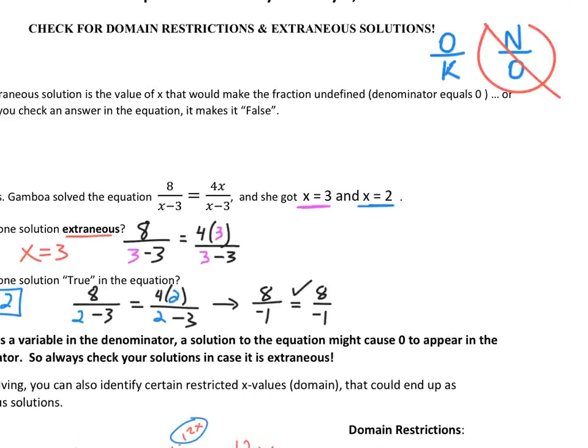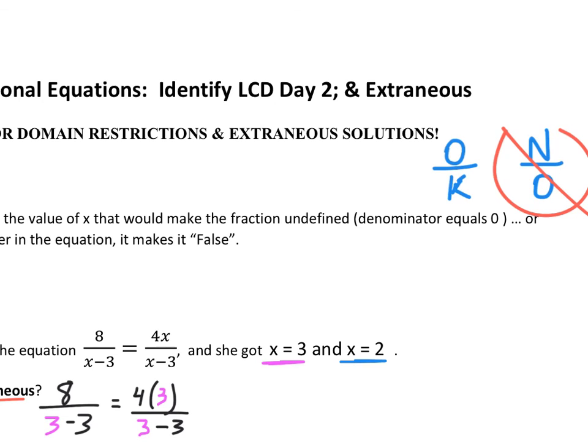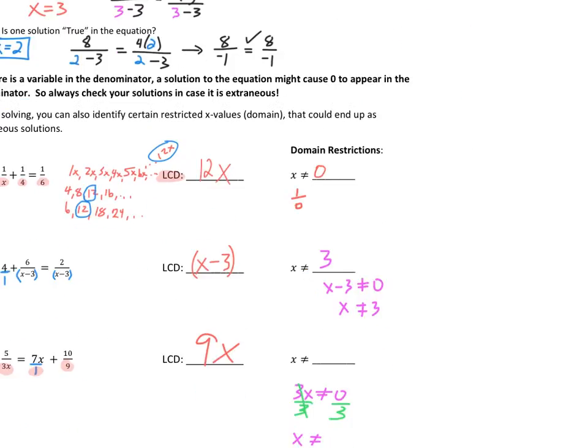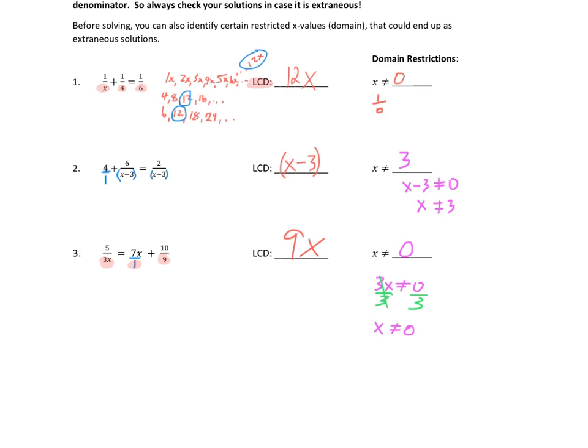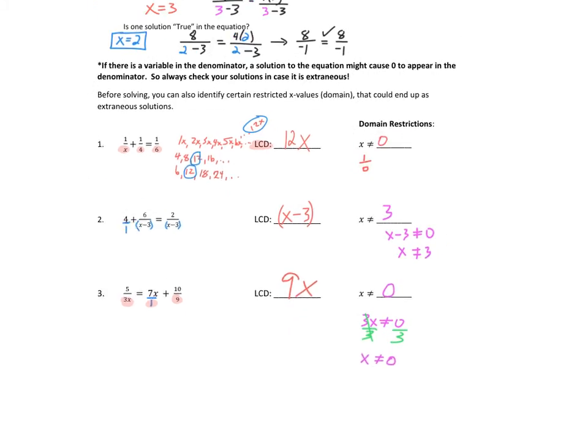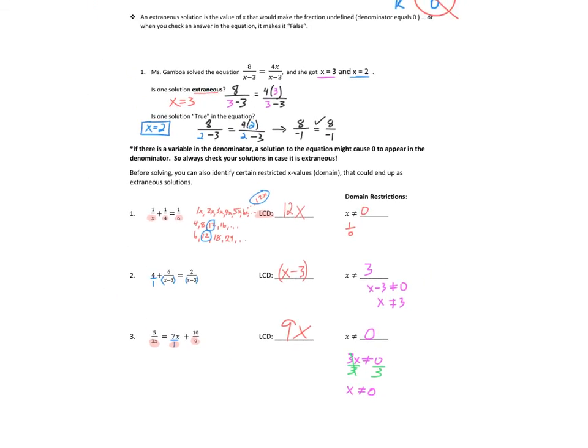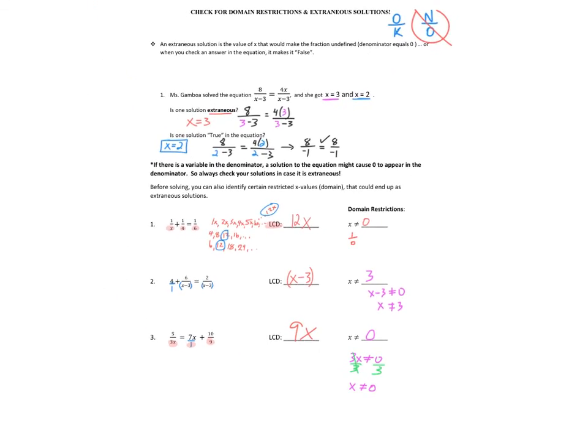That's not undefined. That's like the situation up here. It's okay to have a number at the bottom, 0 on top. So 0 divided by anything is still just 0. So here, again, x cannot be 0 itself. It's not always a 0. It can be a number like this. It depends on what your denominators look like. All right, and so that is LCDs as well as extraneous solutions and domain restrictions.